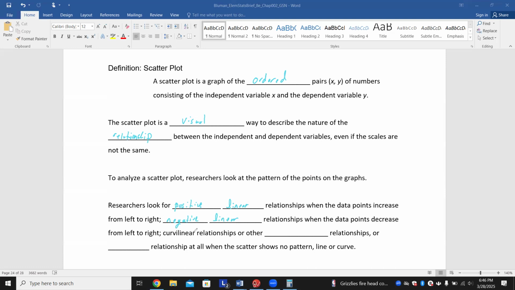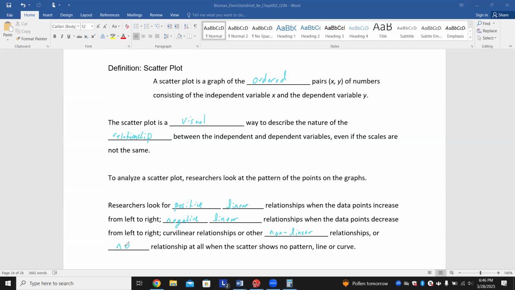A curvilinear relationship or other non-linear relationships, or even no relationship at all, is when the scatter plot shows no pattern, line, or curve.